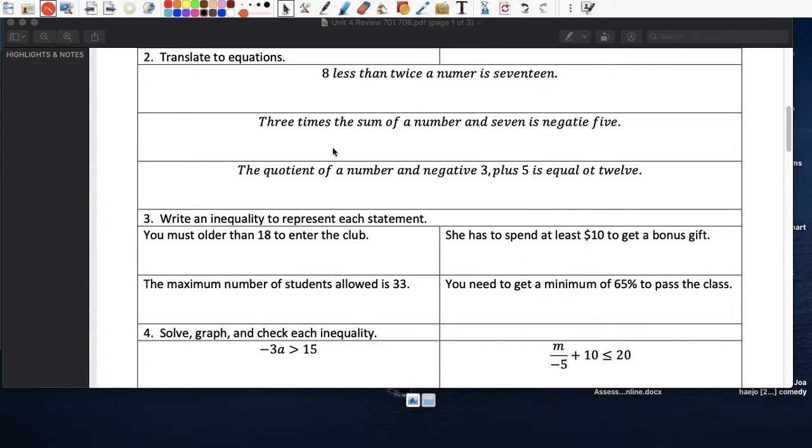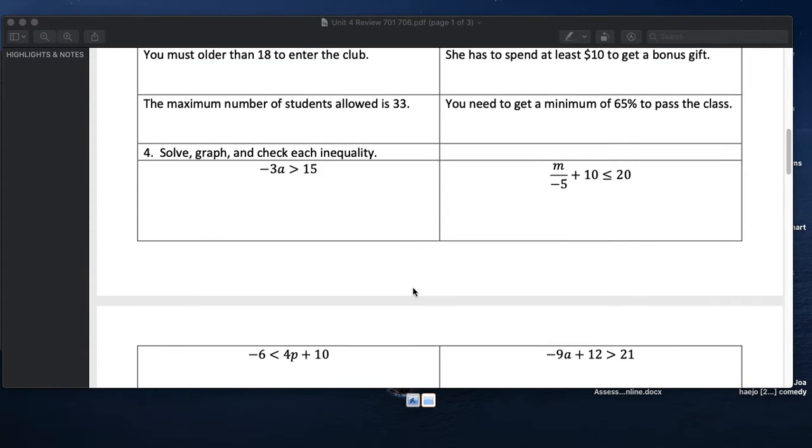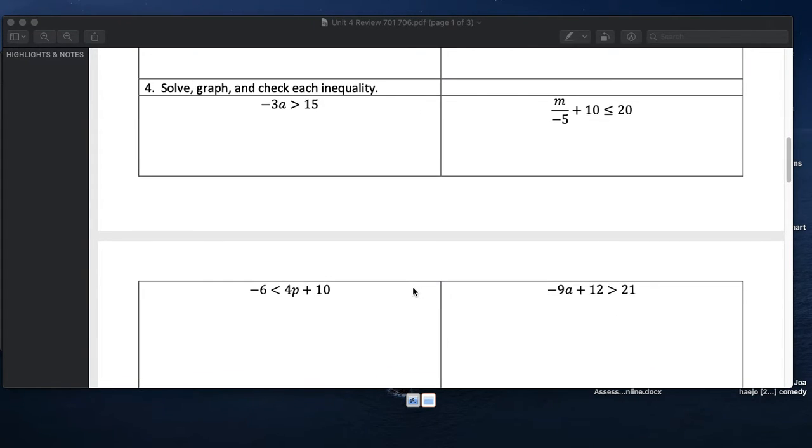But I think we did all that in class. Now we have inequality equations. You guys are okay with equations. I mean, we've done quite a few of those. Now inequality, it's very similar.